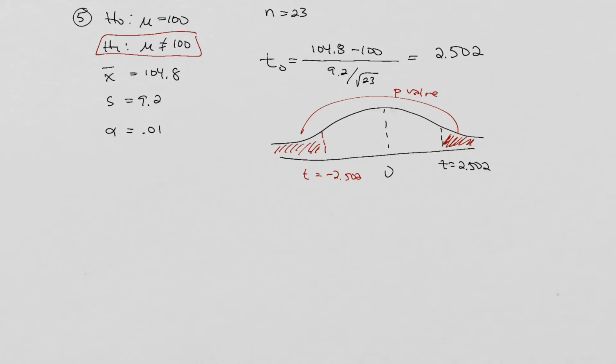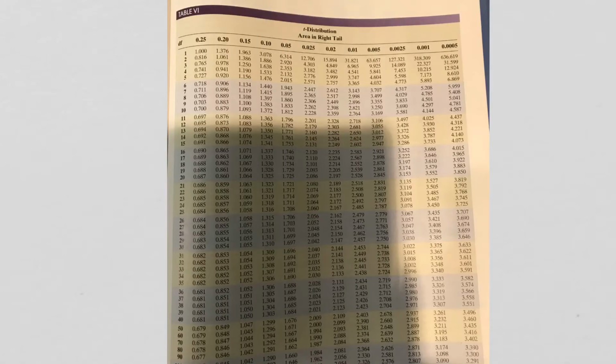Okay. All right, so should we accept or reject? Well, let's look this one up in our chart to see what's going to happen. Right. So n is 23, so my degrees of freedom is 22. So let's go back to our chart. Right here, I have 22 as my degrees of freedom, and I was looking for a t-score of 2.502.